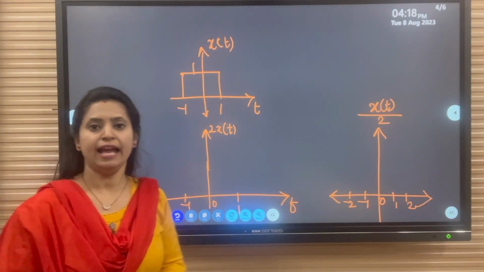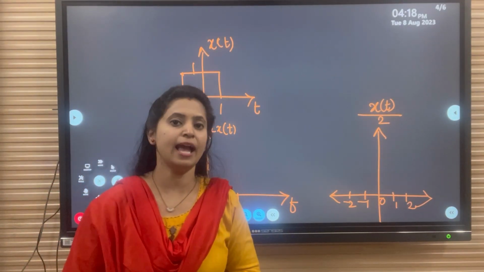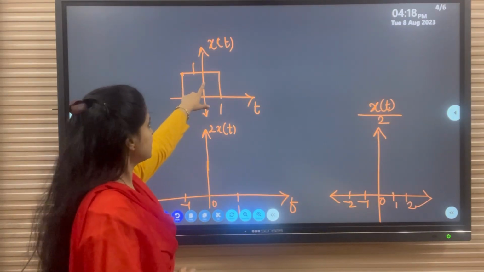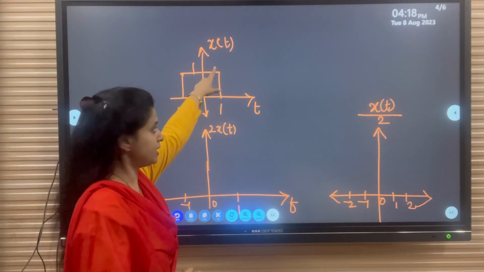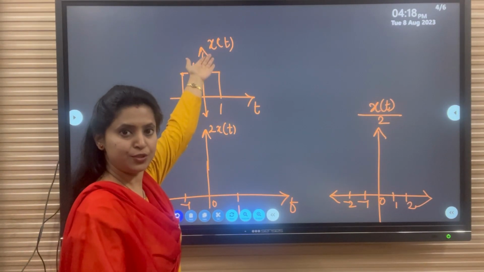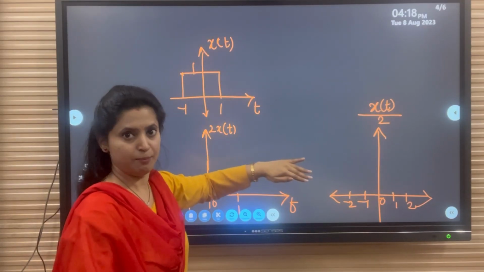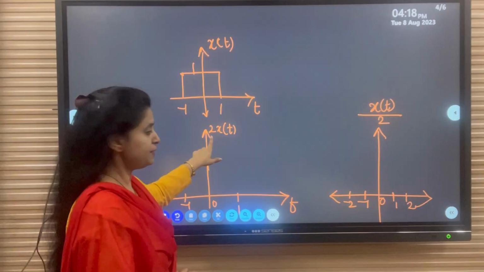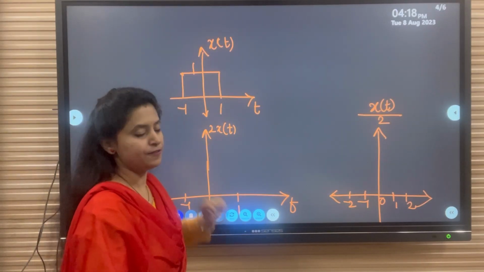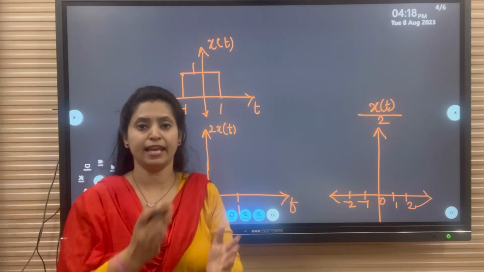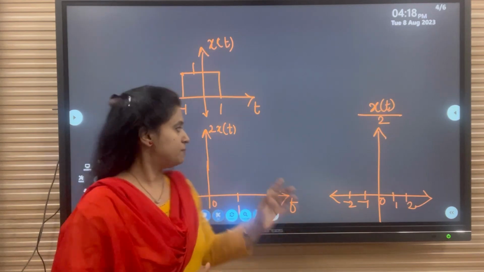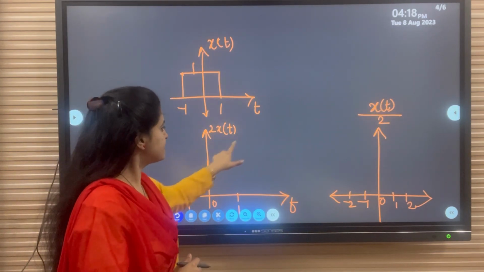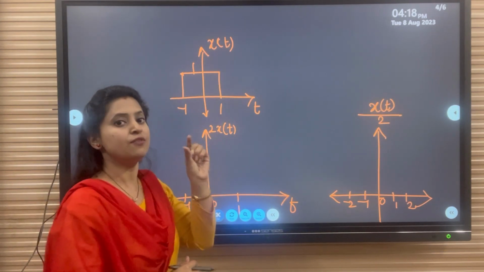Now as I mentioned, we can scale the amplitude of a signal. Meaning if we are having the signal x of t, we can increase the amplitude or we can decrease the amplitude. So if we consider 2 times x of t, or in general a times x of t, it means that we are multiplying that signal by that particular value.